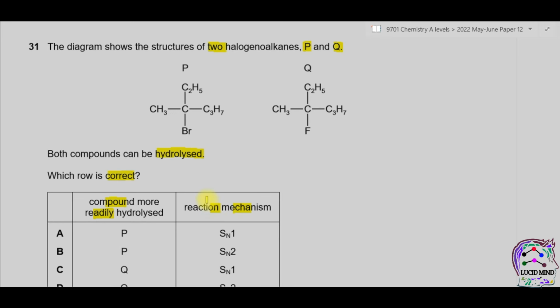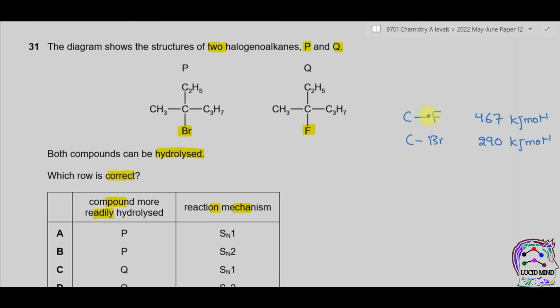Now hydrolysis is the one in which OH replaces Br or F. So let's see, we have carbon bromine bond in one, we have carbon fluorine bond in the other. So in order to break carbon-fluorine bond, 467 kilojoules per mole energy is required, while in order to break carbon-bromine bond, 290 kilojoules is required.